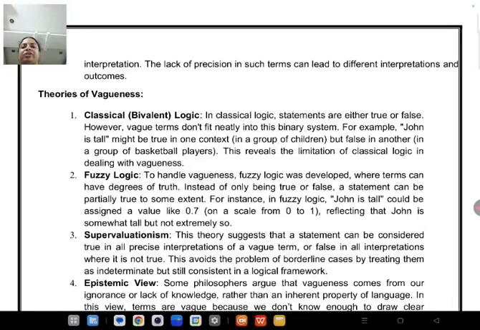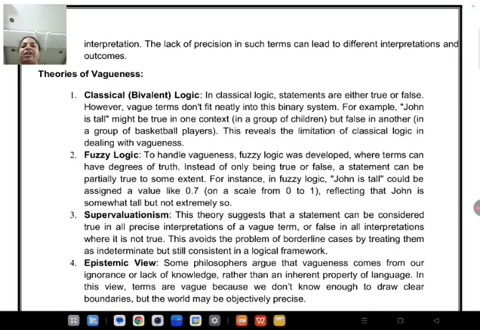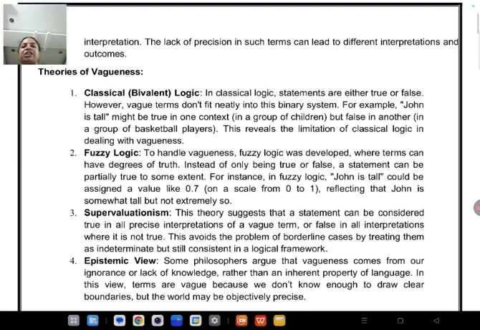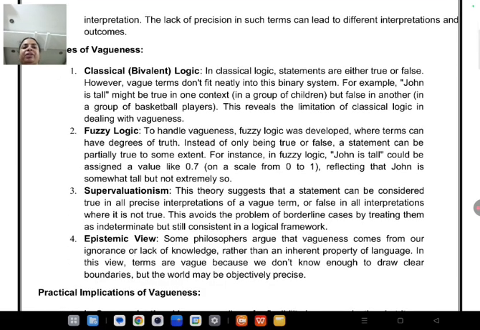Next is the theories of vagueness. There are different types of theories which describe vagueness. One is classical logic, where whenever the information is vague, we check it with the help of classical logic, which is based on true or false, whether the information becomes true or false.